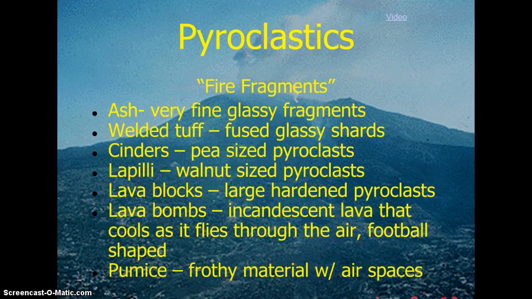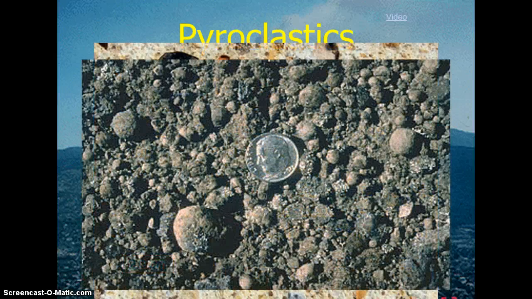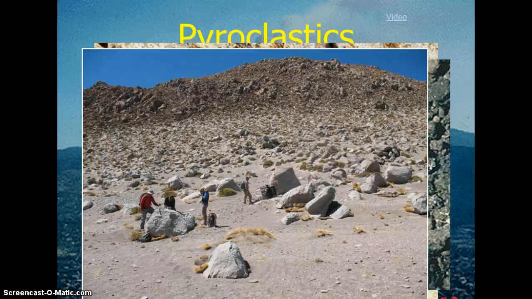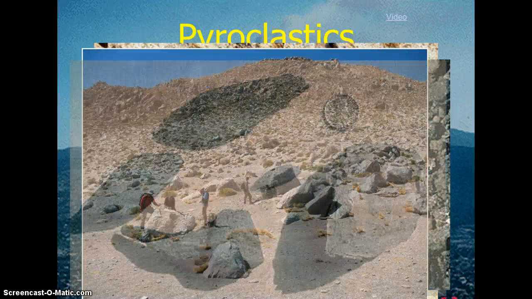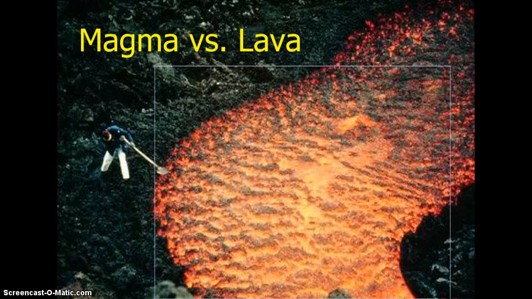And pumice is frothy material with air spaces, and some of you have probably seen pumice. They use it to wipe calluses off of things, but they have air bubbles in them and whatnot. So there's pumice.